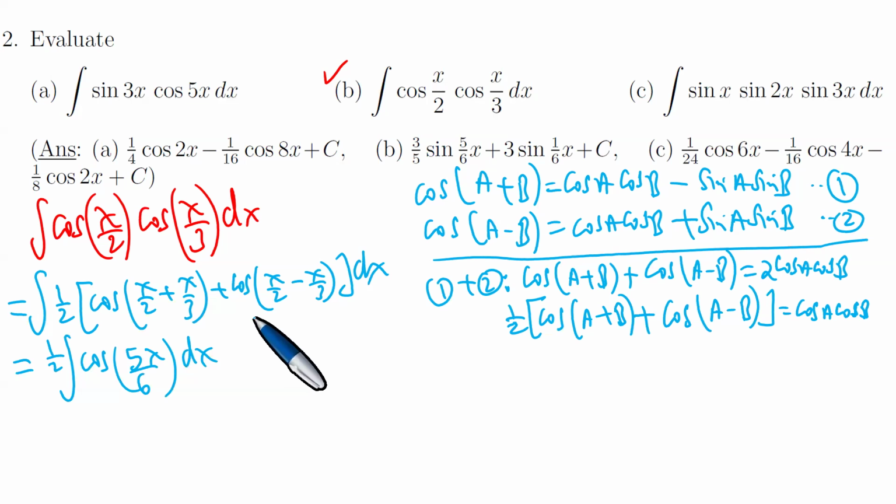And then this one is 3 minus 2, which is x over 6.